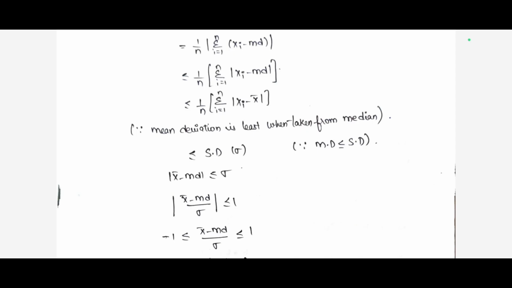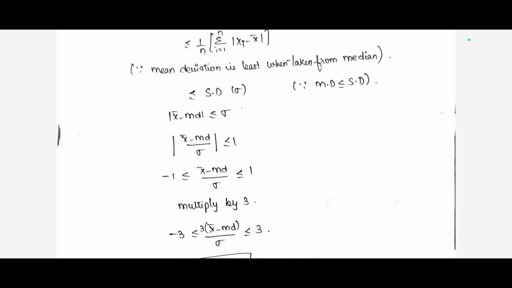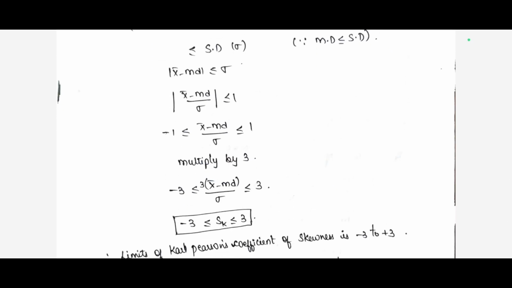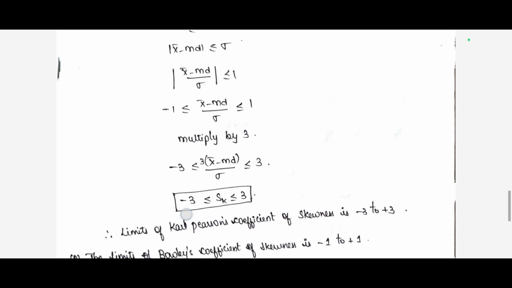That implies modulus of x bar minus Md divided by sigma is less than or equal to 1. Multiply with 3, so minus 3 is less than or equal to 3 into x bar minus median divided by sigma, which is less than or equal to 3. So the Karl Pearson coefficient of skewness always lies between minus 3 and plus 3.